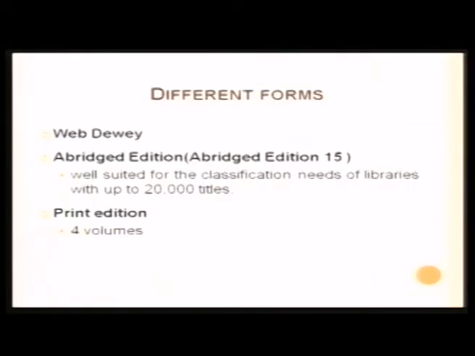It is the latest version, it is regularly updated, and it is a subscription based service, but even free trials are available, so you can use your email ID to create an account and register with the site. You can experience for yourself what the coverage is, what the facilities and features are which are offered by the online version of DDC.